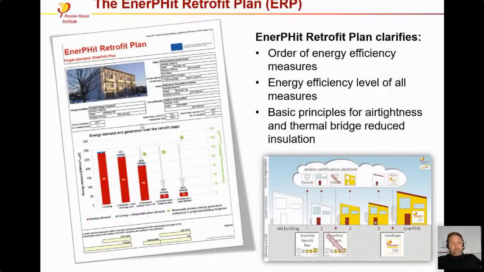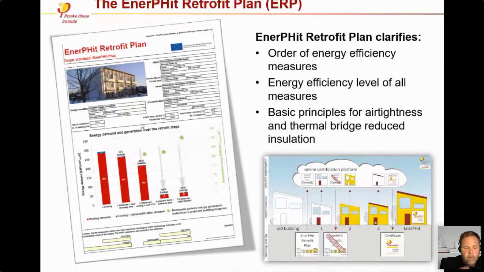Let me specifically mention one more part because we think it's important: the NFIT retrofit plan. There you can enter stepwise renovations and illustrate the improvement of the efficiency of the building, as you can see on the left side here. This is something we think is really important to get done.